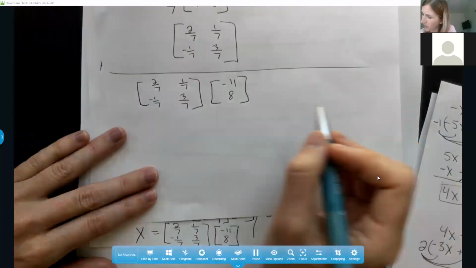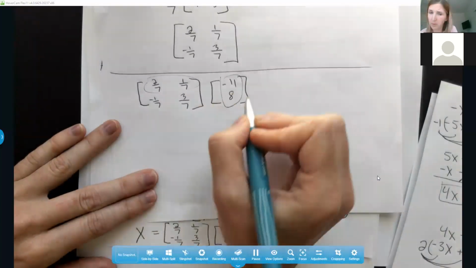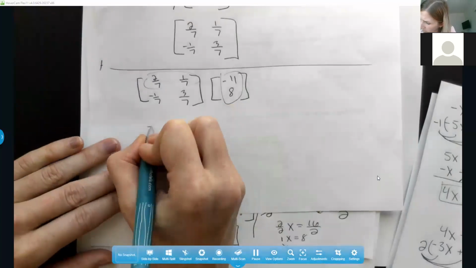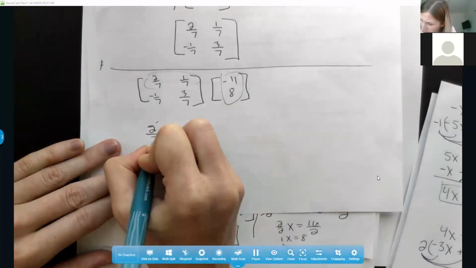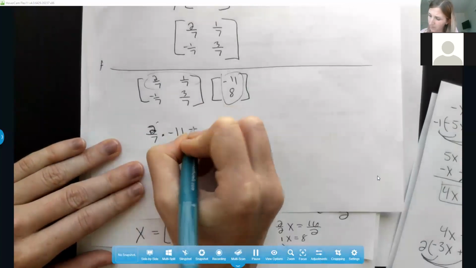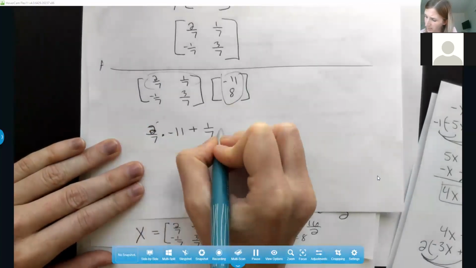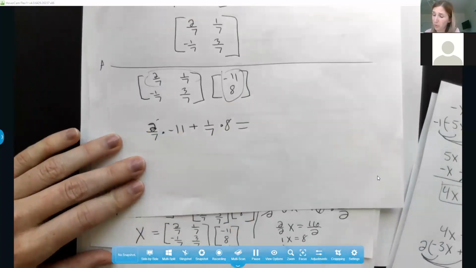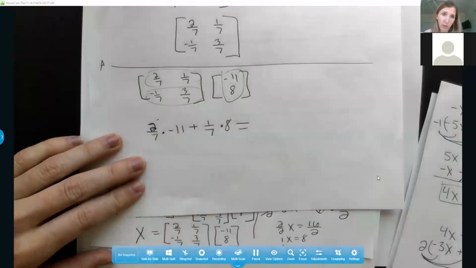Cool. All right, we're gonna do same thing, rows times column, but there's only one column, so it should be pretty easy. So the first step is 2/7, not negative. So 2/7 times -11 plus 1/7 times 8. And then all we do is just move to the second row because there's only one column.